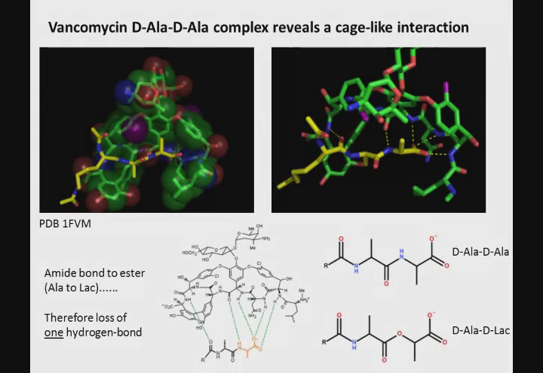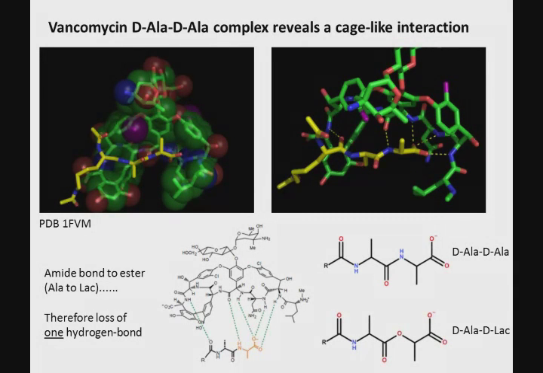Here's the fourth position, here's the third, but essentially vancomycin is just a cage for positions 4 and 5. And in the regular sense, when you've got D-Ala-D-Ala with a peptide bond between them, this oxygen of vancomycin makes a hydrogen bond with the NH of the peptide linkage.